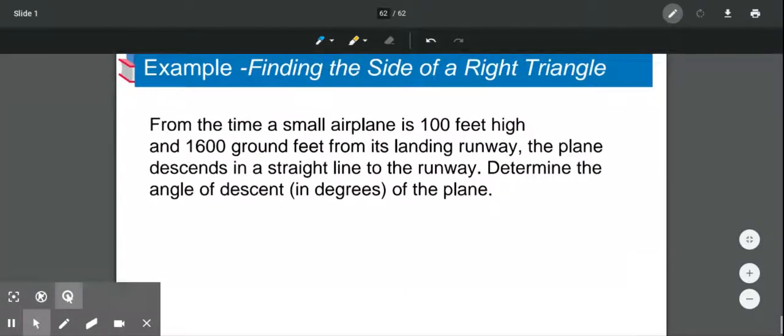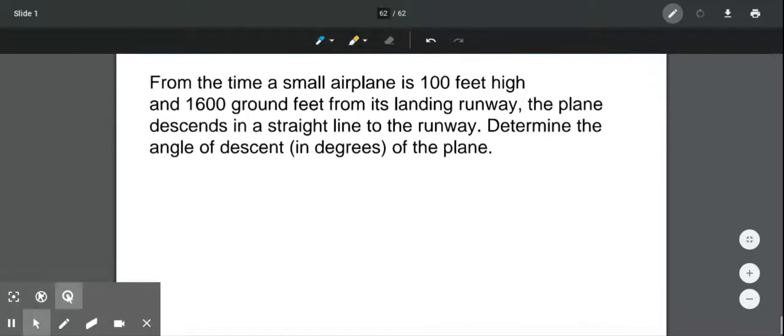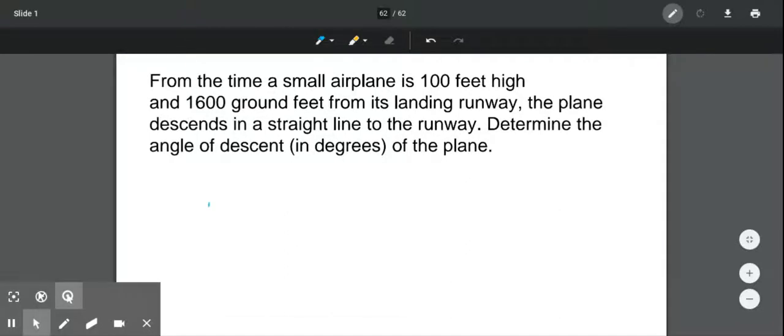And then our last example, it says, from the time a small plane is 100 feet high and 1,600 ground feet from its landing runway. What this picture looks like is we've got this plane that's in the air, 100 feet, and it's going to land somewhere down a runway over here.